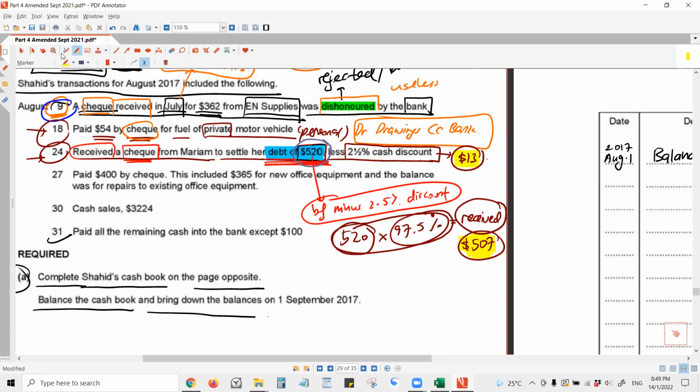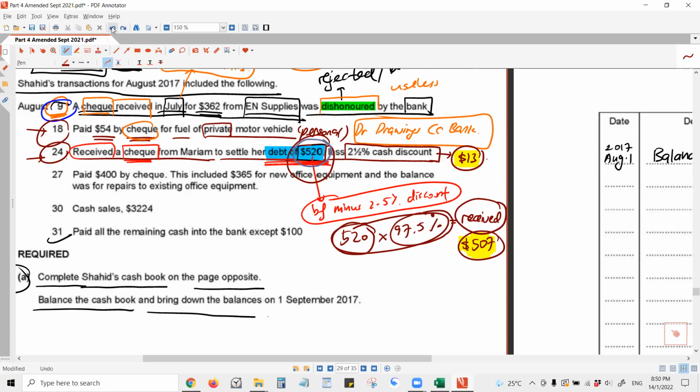And later on, I show you another question where this amount becomes after minusing discount. Okay, it gives you an amount that is already after minusing the discount. And then I show you how to deal with that. So for this question, you are seeing an amount that is before minusing the discount. Later, I show you one that is after minusing discount. The calculation is different.